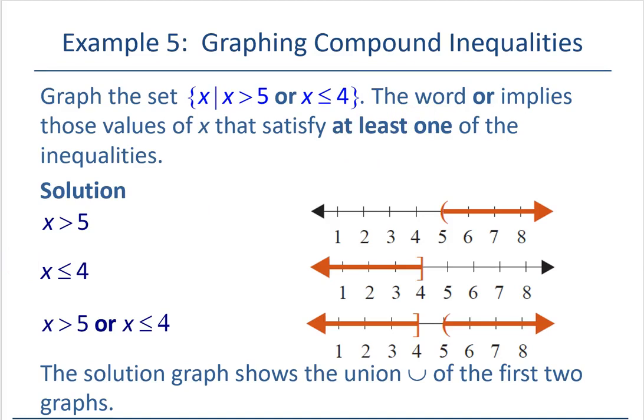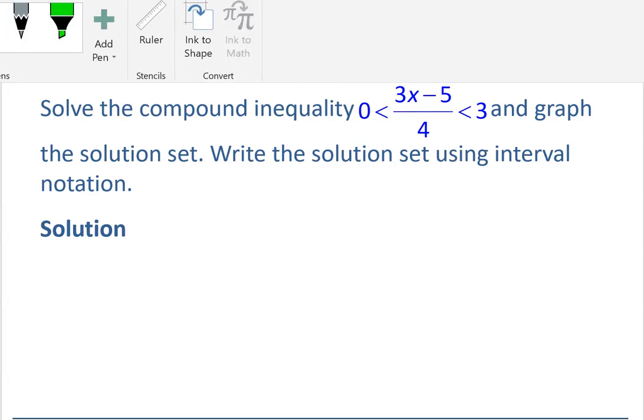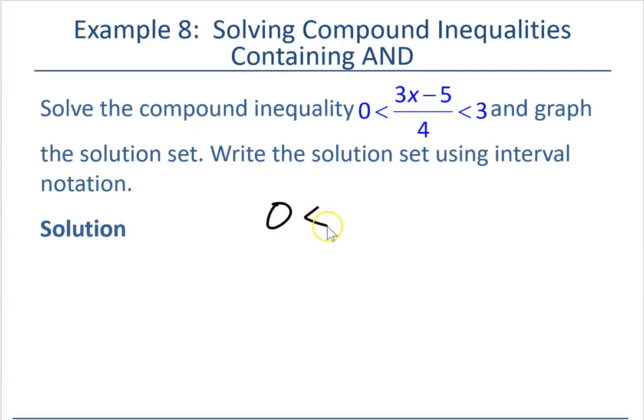Let's solve a compound inequality here. Solve the compound inequality and graph the solution set. First things first, get rid of the fraction. That's going to be something to just start learning to do now. So we've got (3x minus 5)/4 is less than 3.